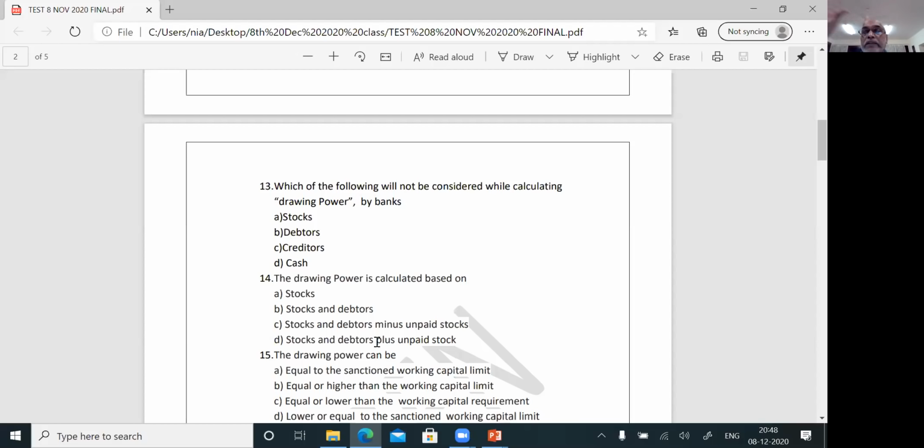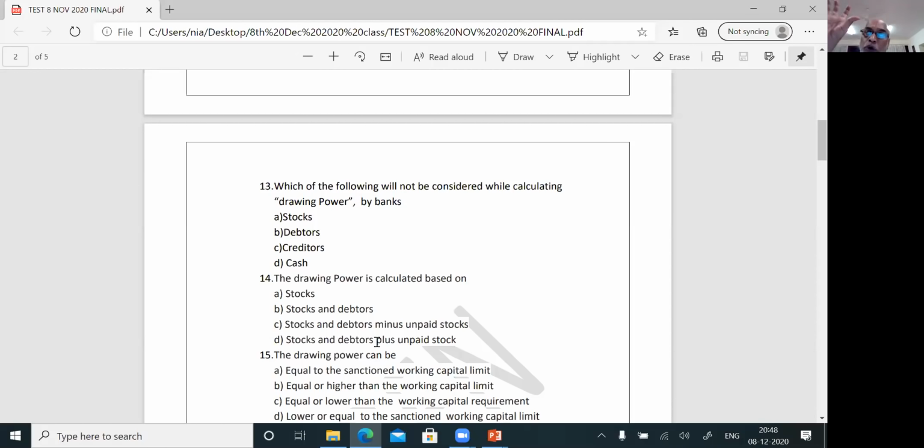Stock, this inventory you have to take. You have to calculate a concept known as paid stock. So the calculation of DP is on paid stock plus trade receivables or sundry debtors.